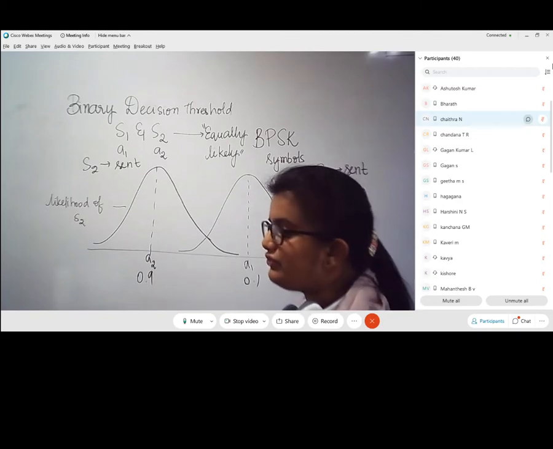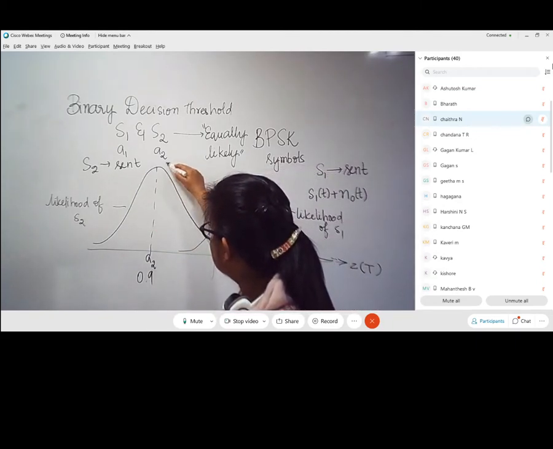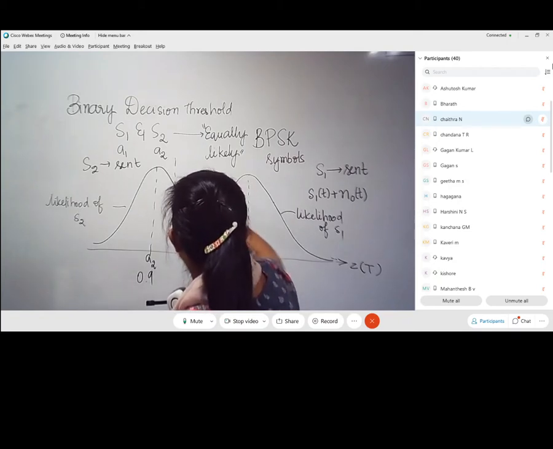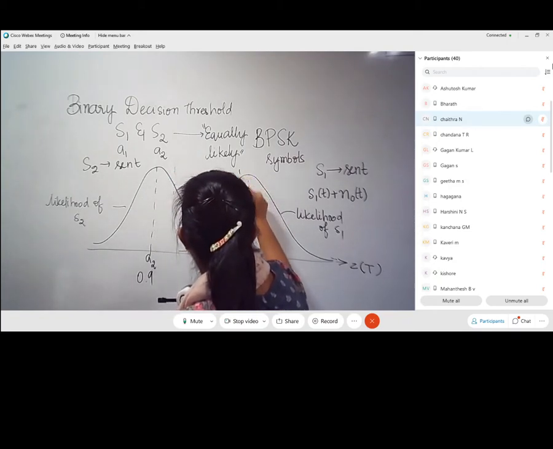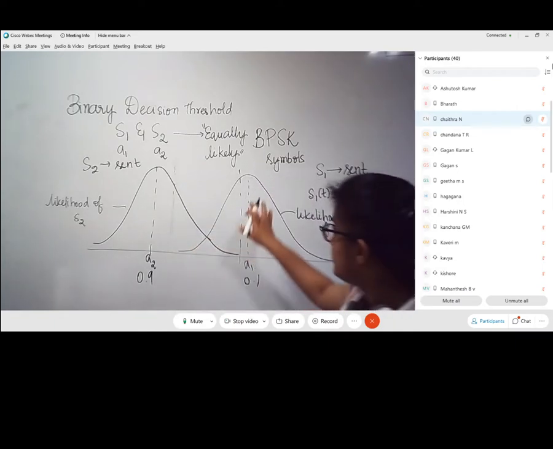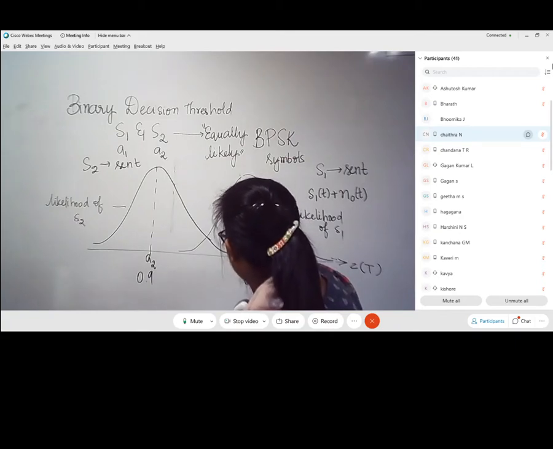Then I may have to fix the decision threshold somewhere over here, on this side. Whatever I decide will be in favor of A2 only, not A1, because I know its probability of occurrence is minimal.